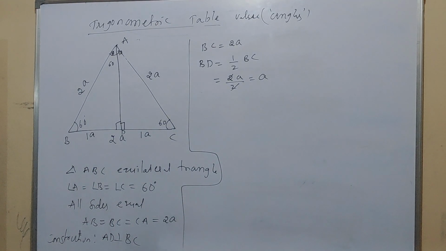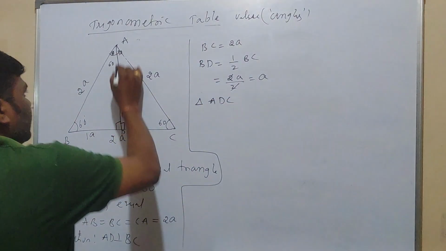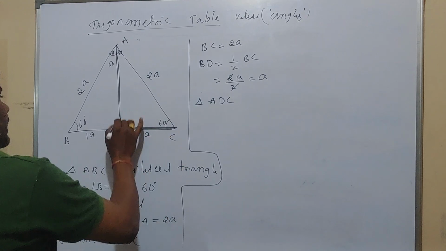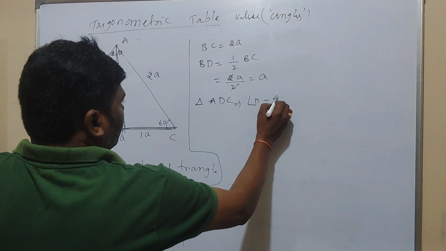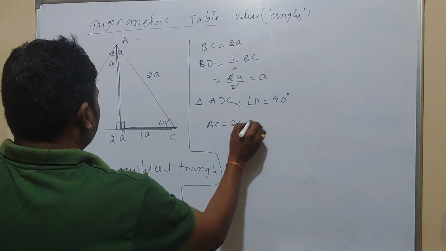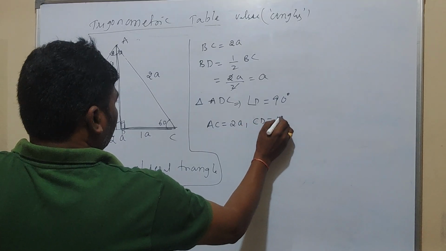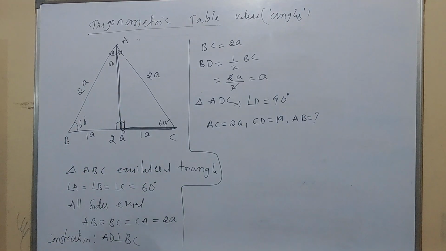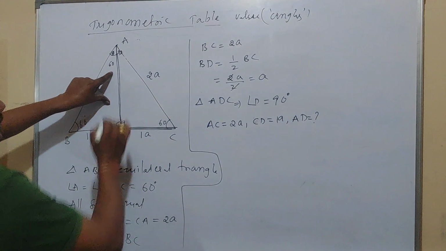Now this triangle ADC I am taking. Angle D equals 90 degrees. AC equals 2A and CD equals 1A. AD is unknown. Find AD, this distance.